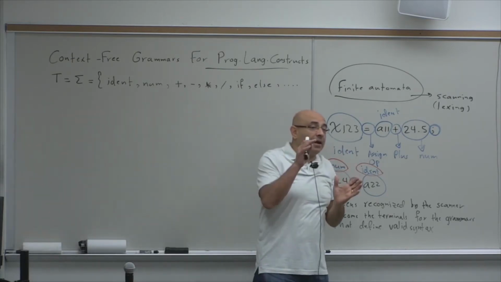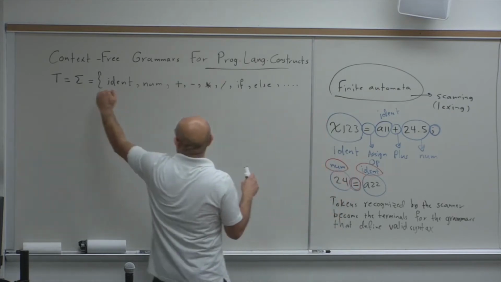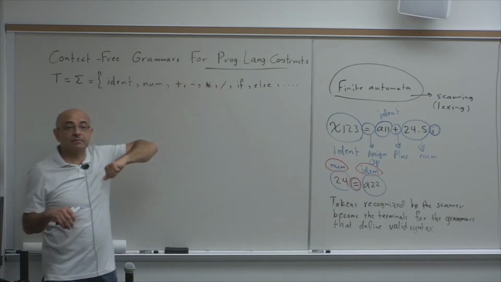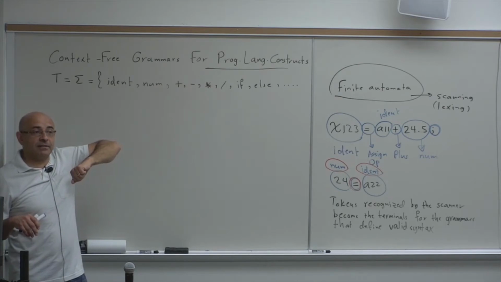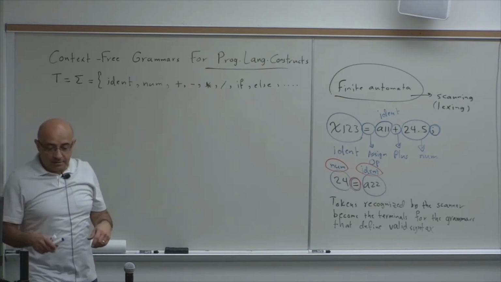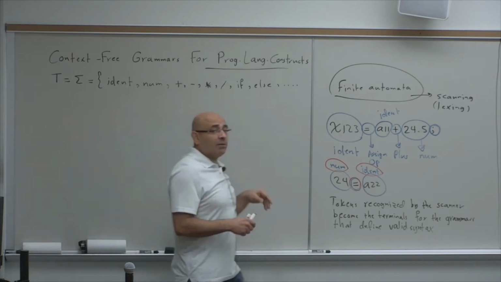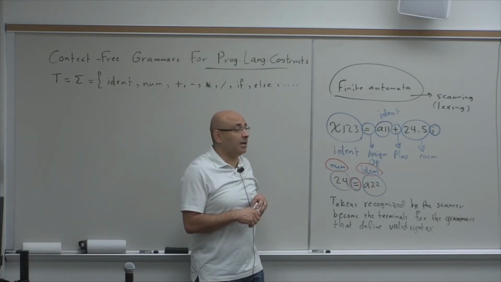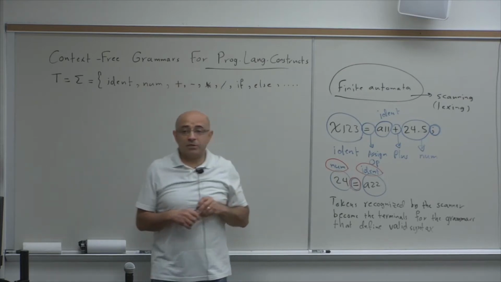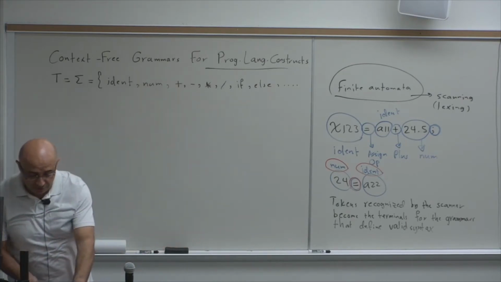So now we will define grammars in which these are terminals to define the correct syntax of a language. Any questions before we write our first grammar for a programming language? Any questions on what has been covered so far?